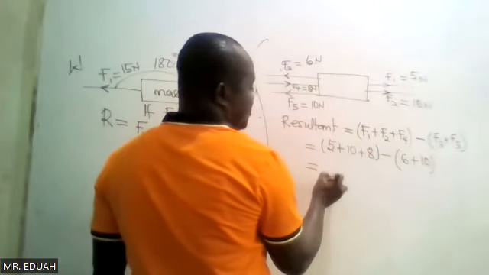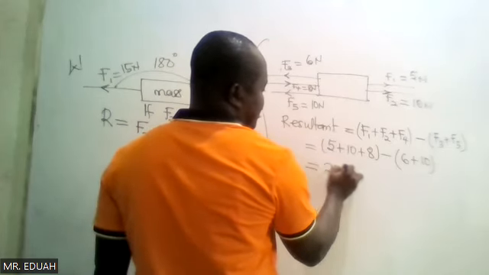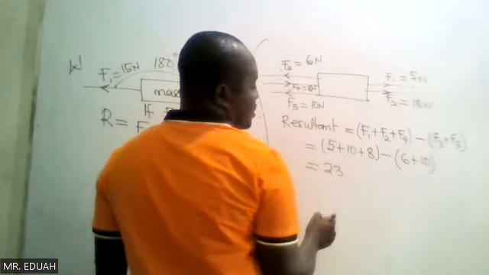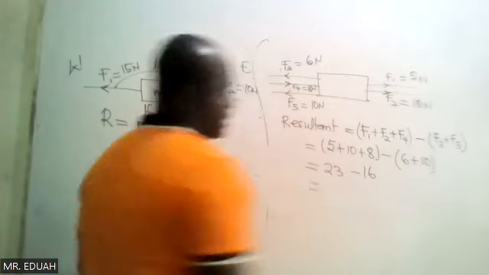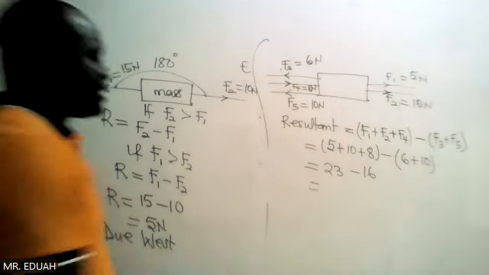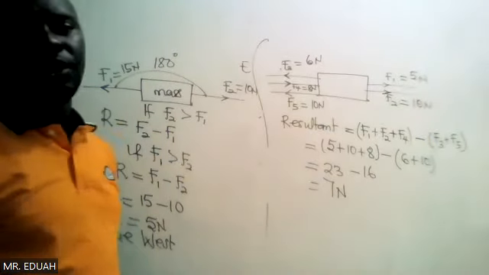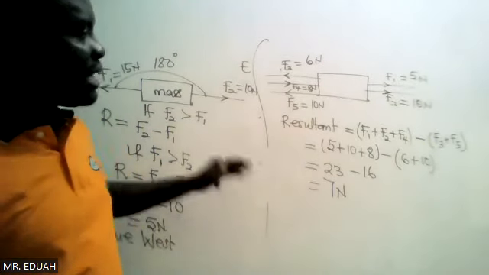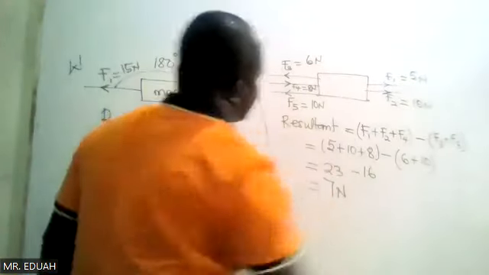So I have 5 plus 10 is 15, plus 8 is 23. 23 minus 16, and the difference will be equal to 7. So the resultant is 7 Newton. And the direction of the resultant will be the direction of the larger one, so to my right.